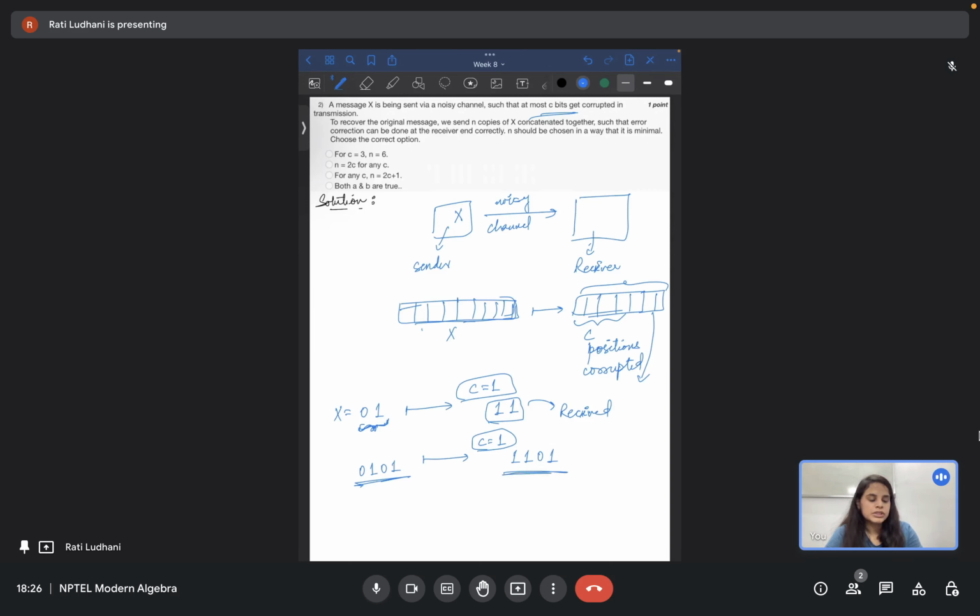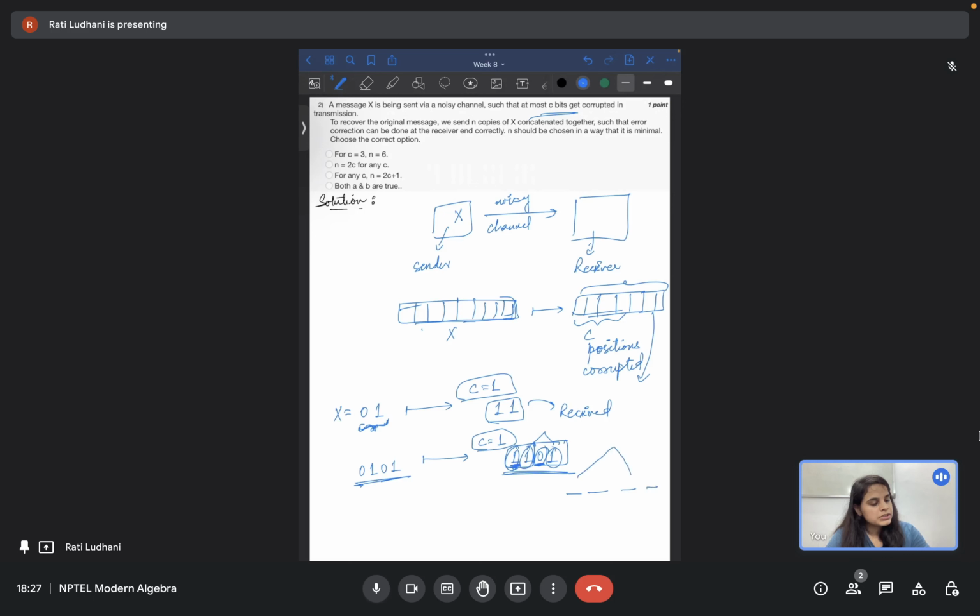Now you have received this. Since you know that it has been repeated 2 times, the positions should be the same: this 1 and 0 should be same, and this 1 and 1, so these are 4 places.